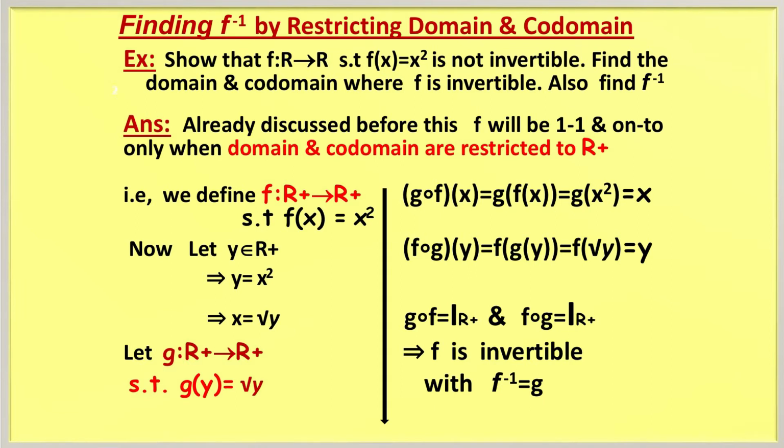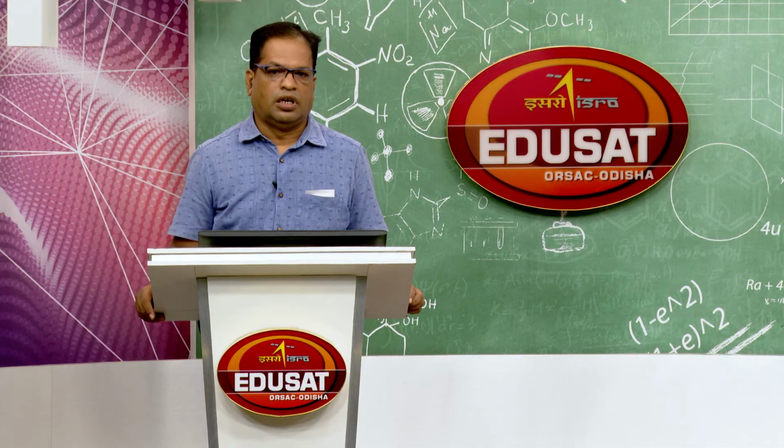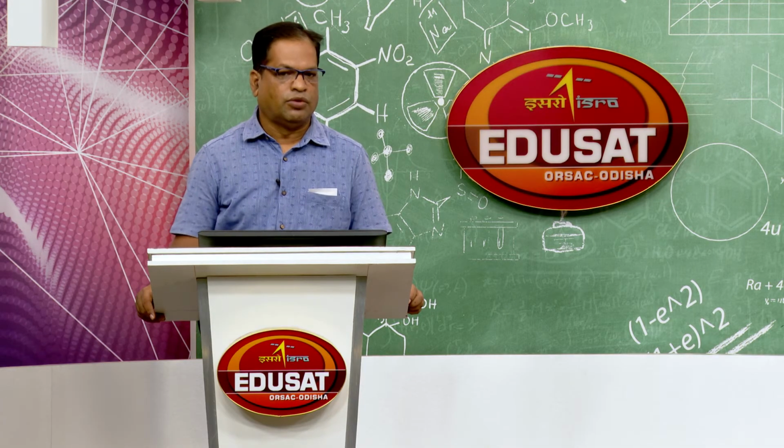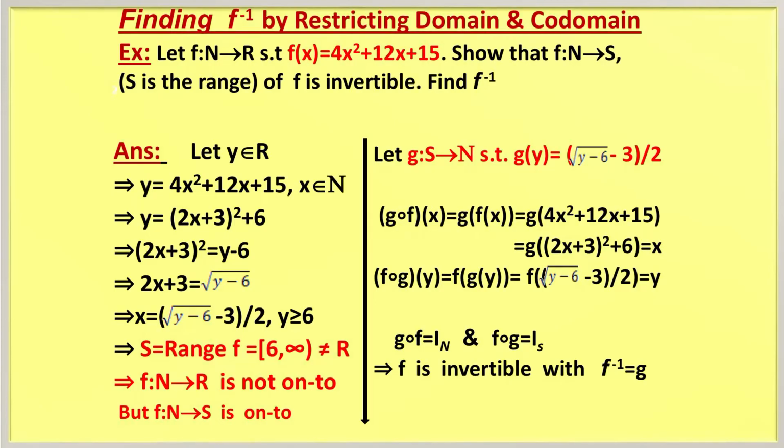Now this is another example we will discuss on the blackboard: f is a function from N to R such that f(x) = 4x square + 12x + 15. f is a function from natural numbers to real numbers, but it is not actually invertible.